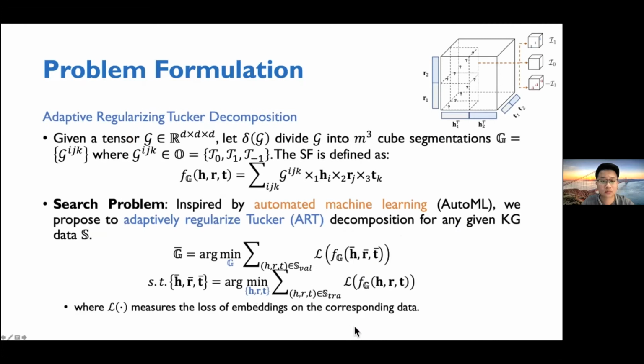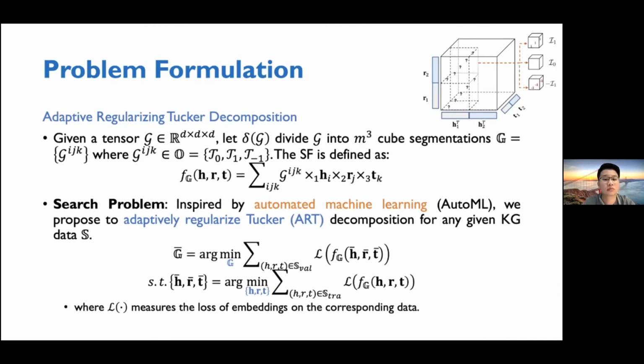Here we formally give the definition. Besides embedding segmentation, we also need to divide the core tensor into m^3 segments. Note that each G_rjk can be independently chosen from the operation set O. Then the scoring function is defined as a summation over the different segment areas. Now we regularize the core tensor with a sparse constraint.